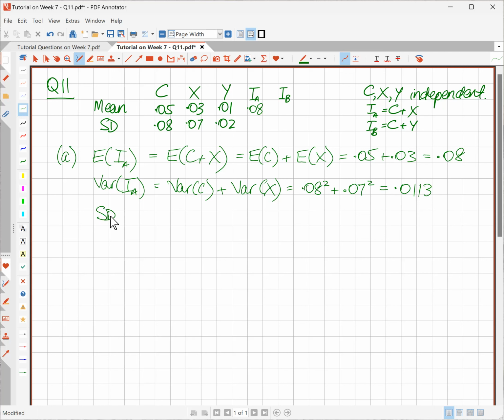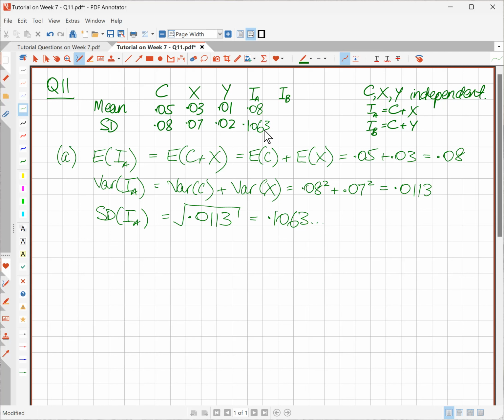For the standard deviation, of course, it's simply the square root of that value. And at this point, we're generally choosing some more or less arbitrary number of decimal places that we're happy to put up with.